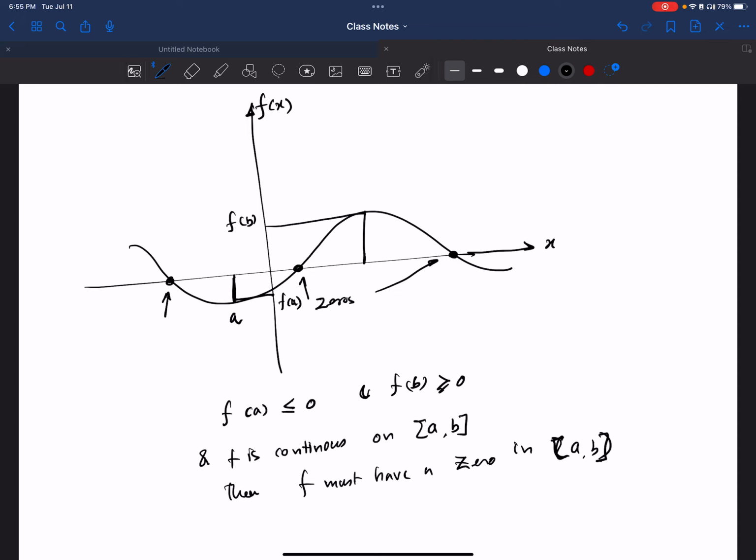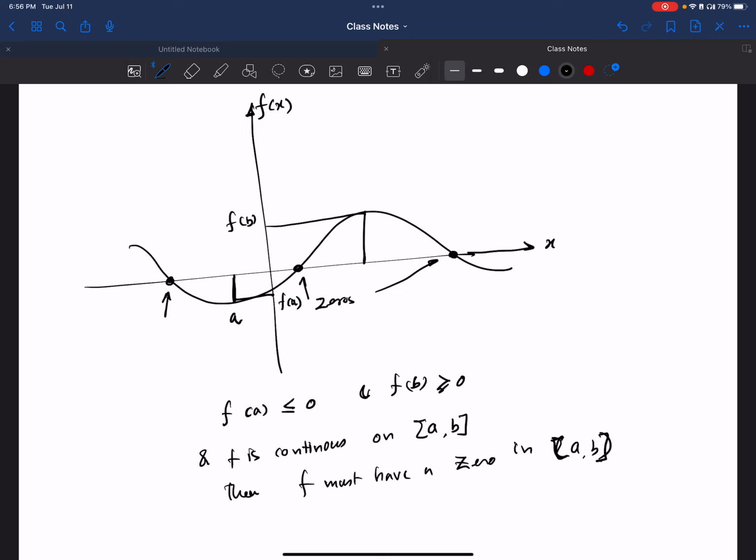Why? Because f cannot skip values. If the value of f is changing from negative to positive, it should pass 0 by doing so continuously because it is a continuous function.